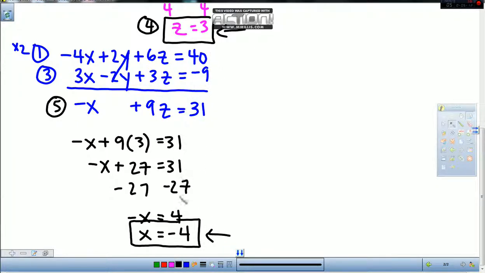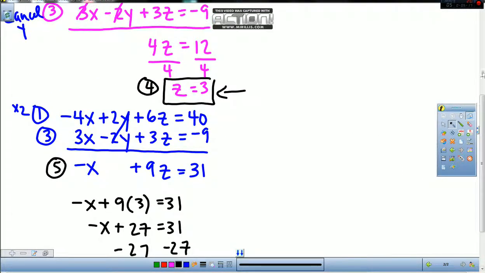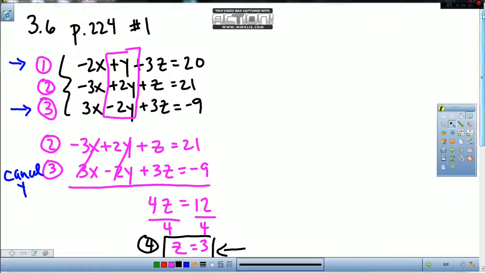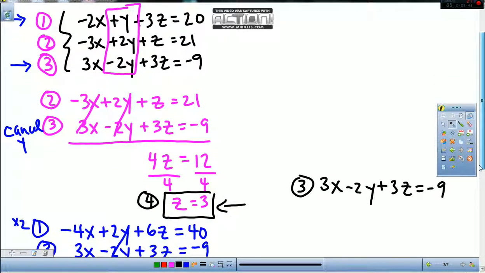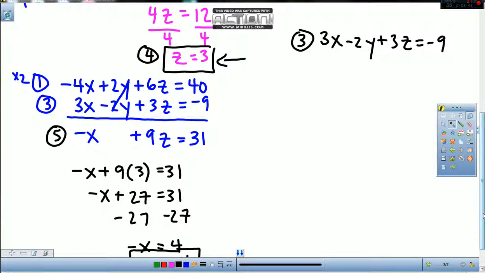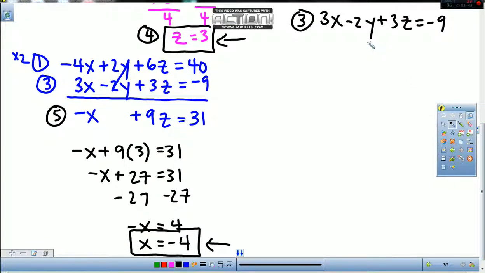Now that you have two variables solved for, you can plug both of those back into one of the original three equations. I think I kind of like number 3. I don't know why, but it doesn't matter which one you choose. So I'm going to pull down number 3: 3x minus 2y plus 3z equals negative 9. I'm going to move that there just so that I can see my values for x and z to substitute in.